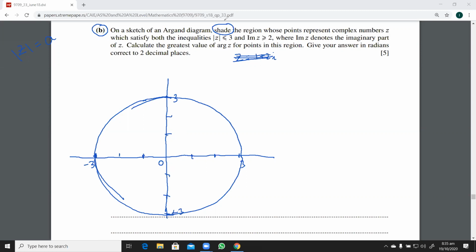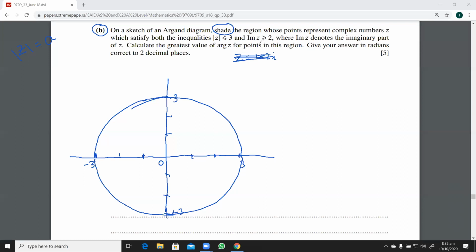Yeah, this looks better. Okay, so we have drawn the circle. So this means that our complex number z is somewhere inside this circle.